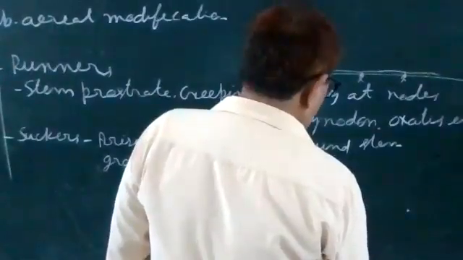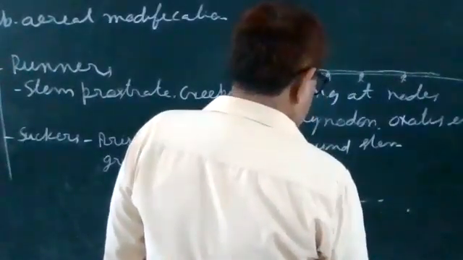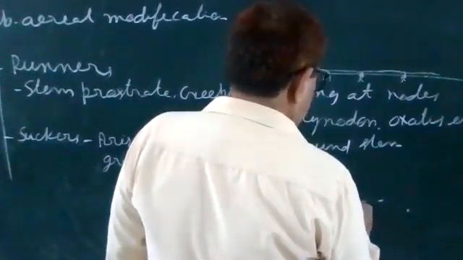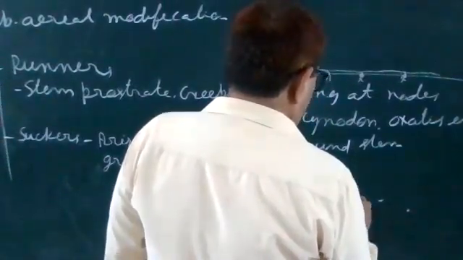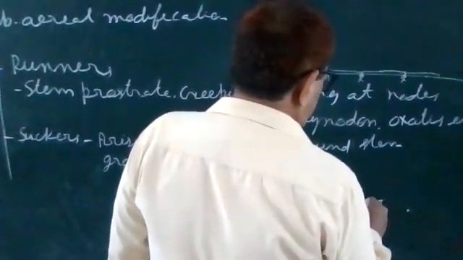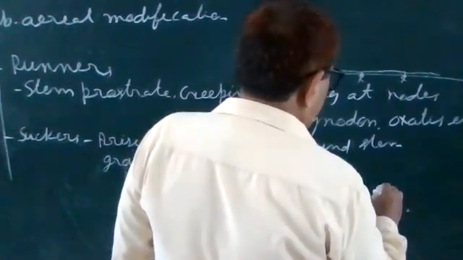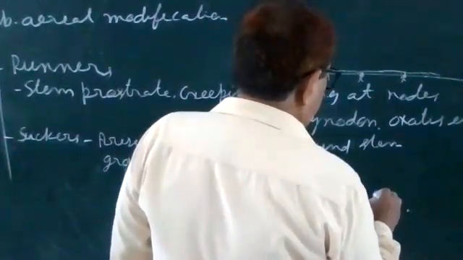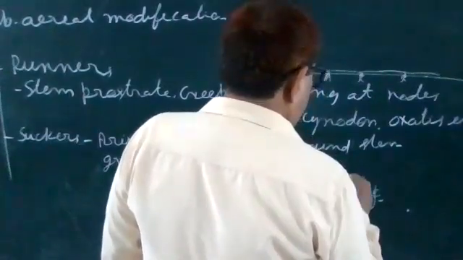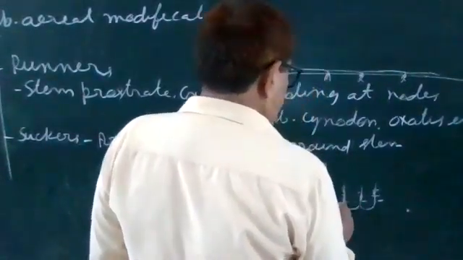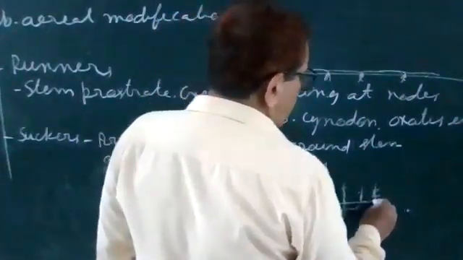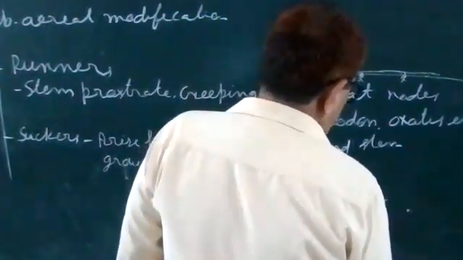Suppose this is the soil, and another branch rises and moves upward to produce a new plant. Another moves in the same way and comes into the air, and so from one plant a large number of plants are produced. This is the ground level, and these are suckers.